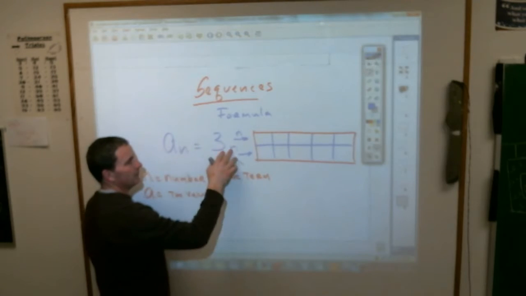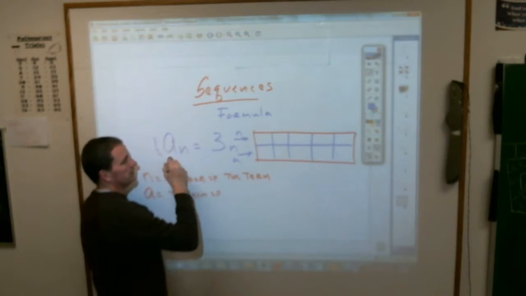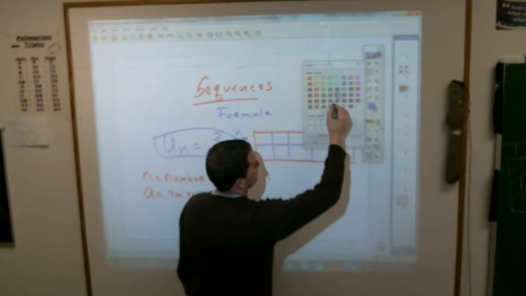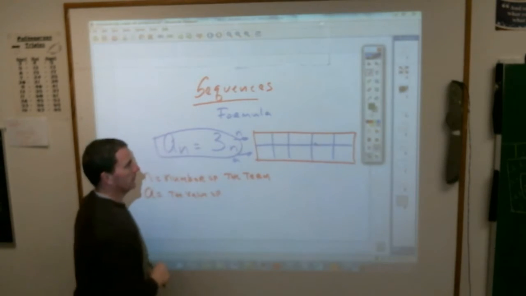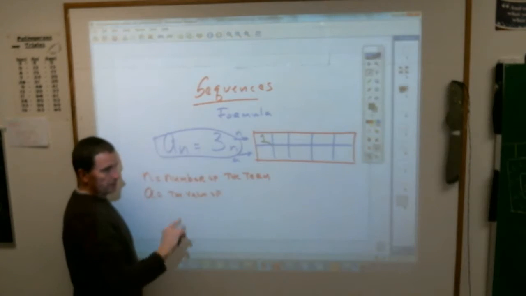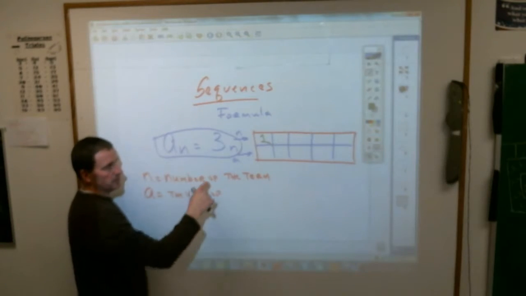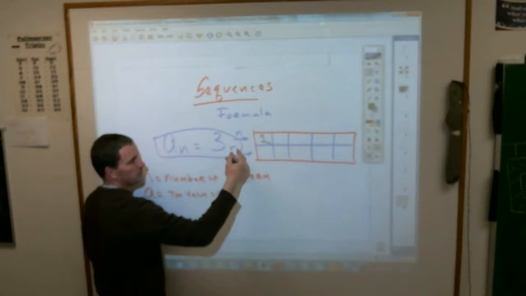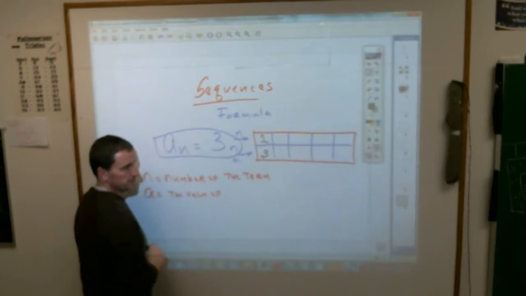If I were using this formula and filling in the blanks, here is what it would look like. The first term, you put the number 1 in for your letter n. What is 3 times 1? 3.